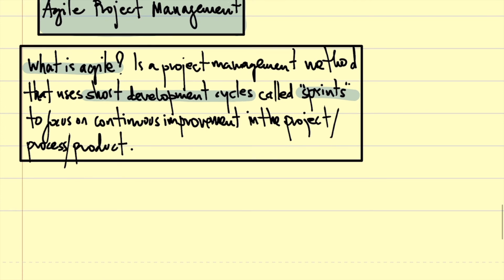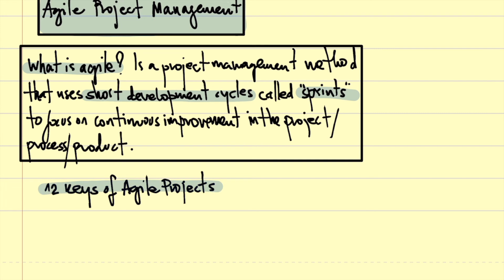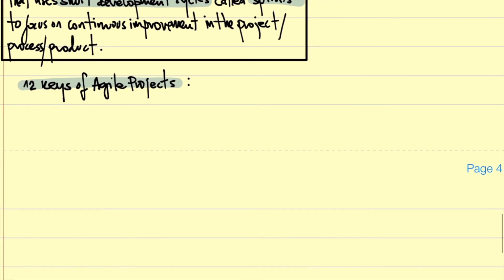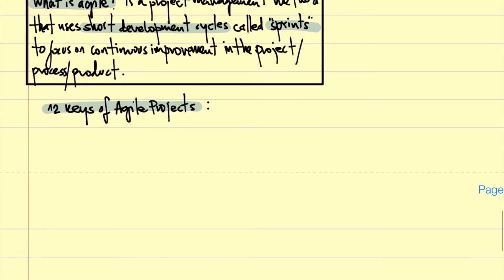It was developed by Google, and we have what they call 12 keys of agile projects. It's the project management method by Google. It's kind of interesting to see how they work. They base it on 12 elements.